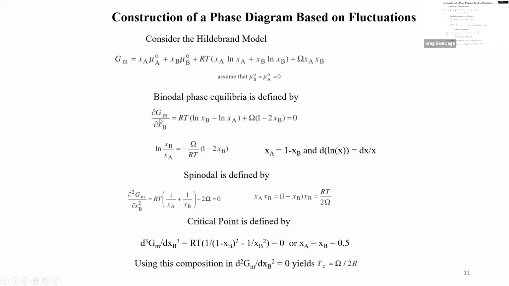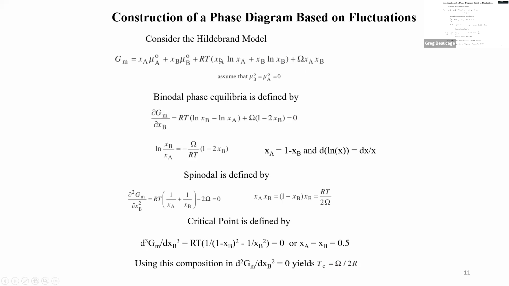So basically, if you want to know the binodal, you take the first derivative with respect to xb. So this will be ln xb, and then the derivative of ln xb is dxb over xb, so that cancels out. So it's ln xb plus 1, right?